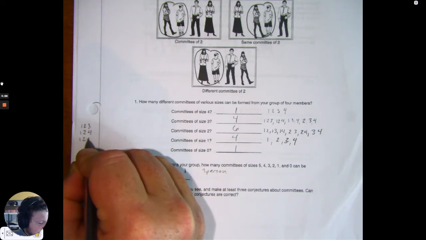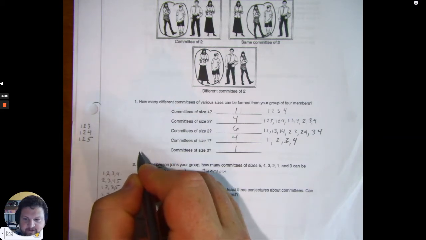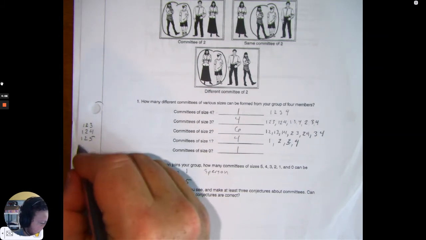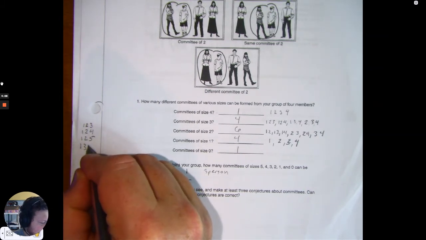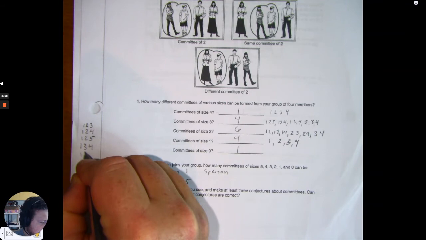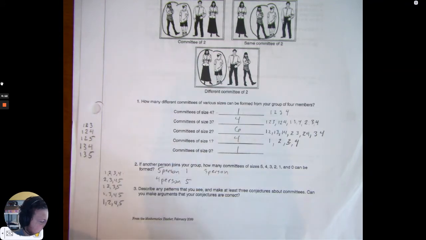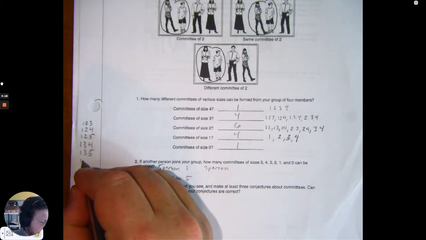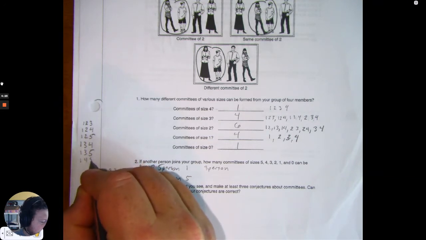I could have 1, 2, and 5. Those are all the combinations that have 1 and 2. So now I go to 1, 3, and 4, and I could have 1, 3, and 5. I already have 1, 2, and 3. So then I go on to 1, 4, and 5.